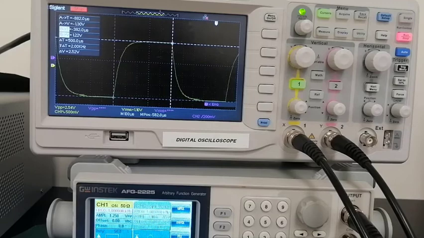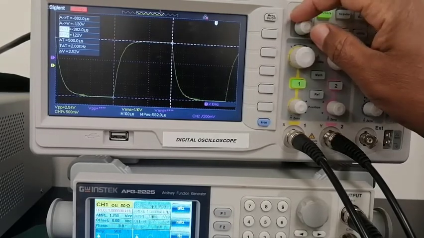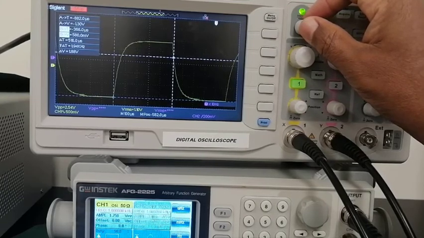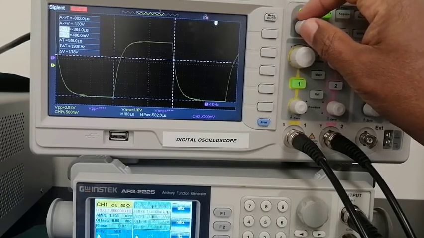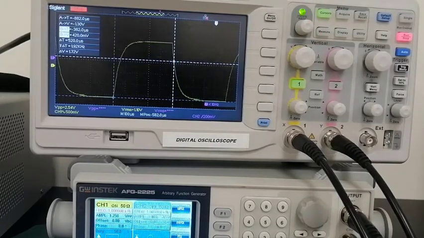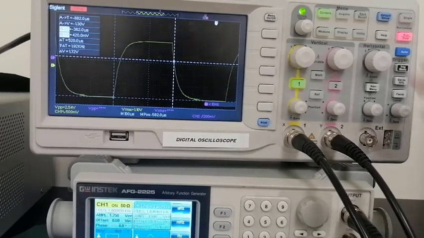Also the capacitor shows fully charged, 2.52. Then we are going to go for 520 microseconds. At 520 microseconds, the capacitor starts discharging, so the voltage across the capacitor decreased to 1.72 volt.